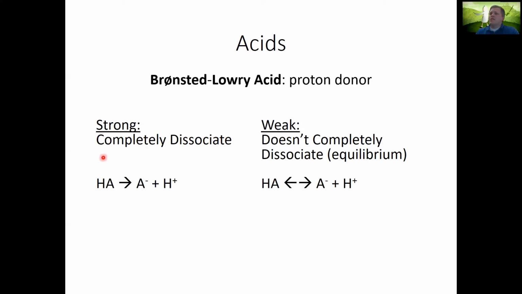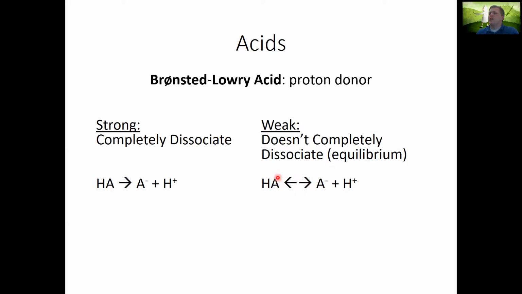So the equations for a strong acid and weak acid look like this. For a strong acid, you have HA, where the A is the acid and the H is your proton, going to A minus plus H plus. And the weak acid equation looks fairly similar, except for the strong acid equation, you have a single arrow pointing to the products, whereas with a weak acid, the arrow is going both ways.